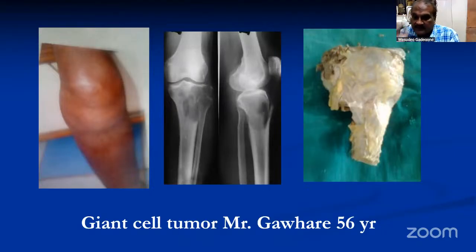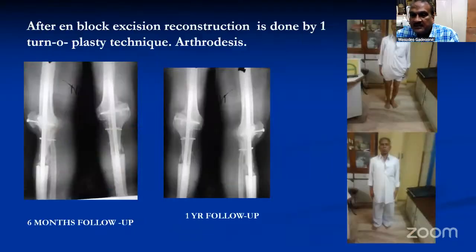A 56-year male with involvement of the articular surface. After en bloc excision, reconstruction is done, and a turnoplasty technique of arthrodesis, half of the femur is turned down and attached to the fibula remaining.